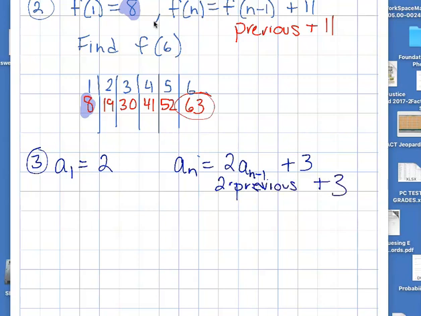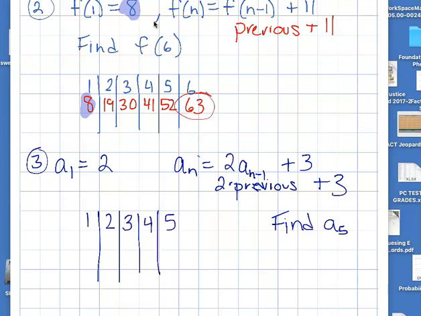Again, I like to make tables for these. First term, second, and let's say your goal is to find a sub 5. So third term, fourth, fifth.